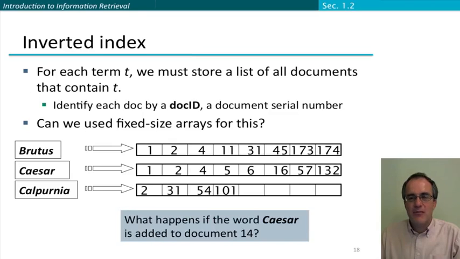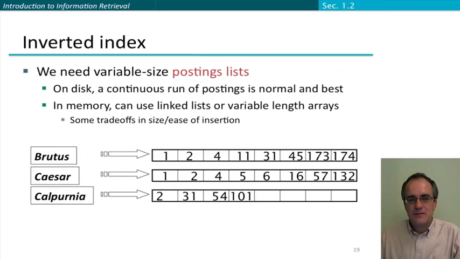Moreover, there are perhaps other problems if we think about a dynamic index where some documents are added later on, or documents are changed, then we'll have difficulty adjusting our vector sizes. For these reasons, one way or another, we need to use variable size lists to store the documents in which a word occurs. And in standard information retrieval terminology, these lists are called postings lists.